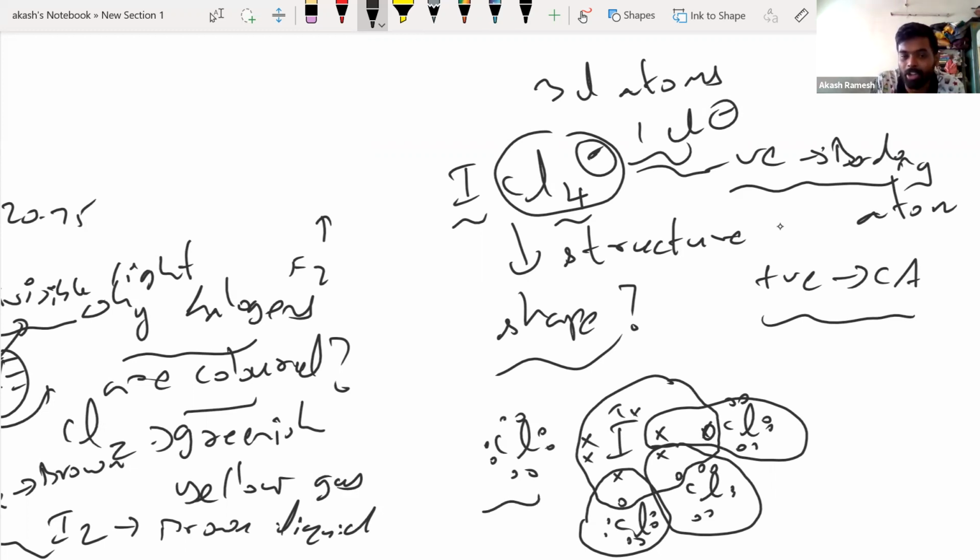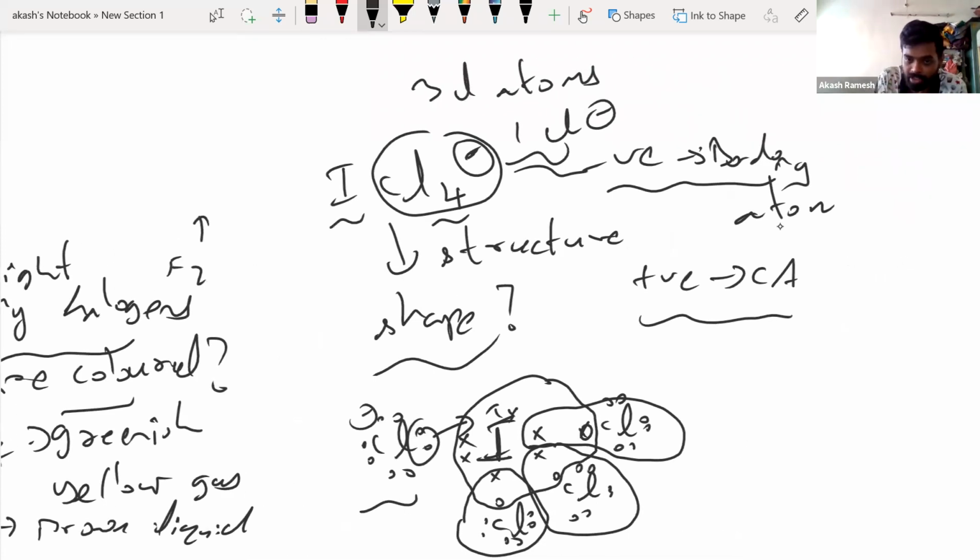What happens here? Now it's very simple to understand, people. Since I have a completely filled octet here, I don't have a proper covalent bond, but what I'm going to have is a coordinate bond. The lone pair on the chloride ion, Cl minus, is going to get donated to iodine. There's a coordinate bond here.